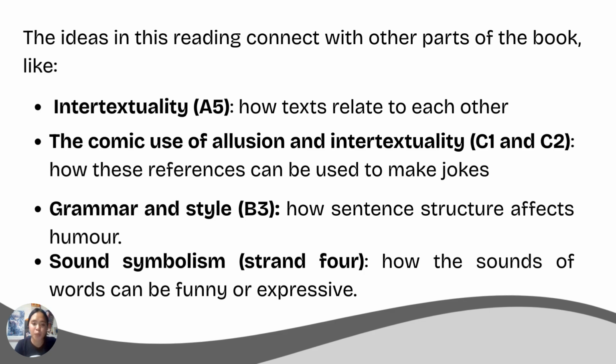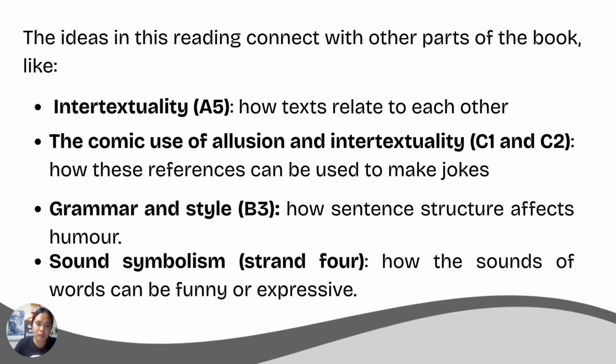This refers to how a text makes references to or incorporates elements from another text, such as movies, social media, and ads. And it can be direct, like a quote or a parody, or indirect.